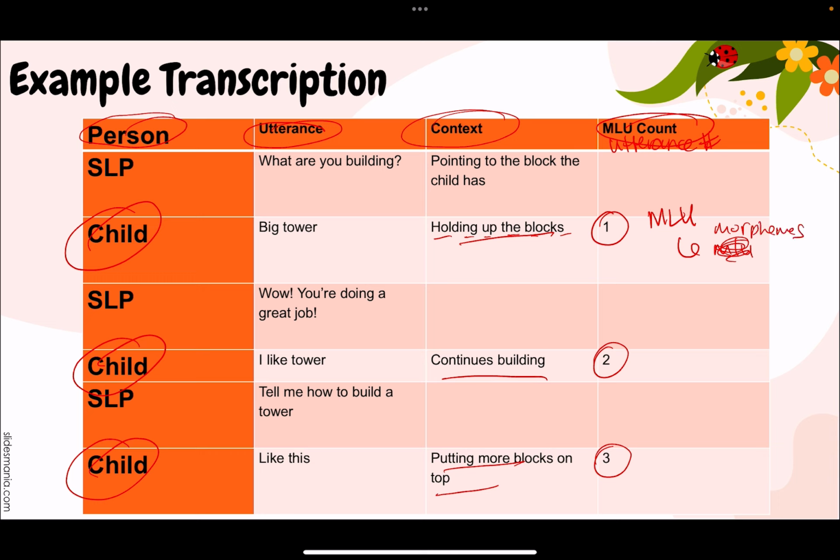I just want to be very clear there. So this is utterance number 1, utterance number 2, utterance number 3, and then if you wanted, you could draw a line here and have a morpheme count here. Morpheme count as another column if you would like to have that. So sorry if that was confusing, but this is a complete thought that the child has, and it was understood.